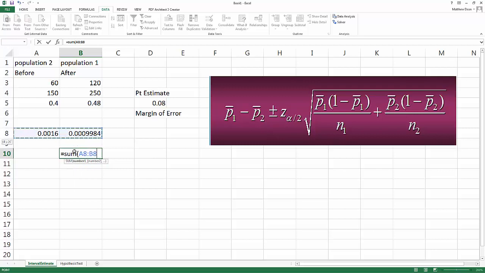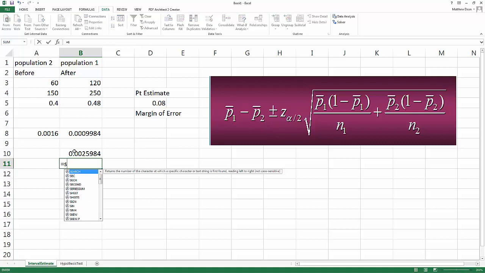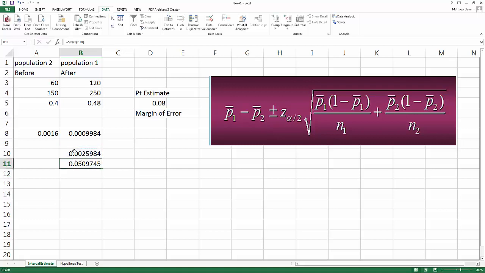You could just do addition if you want, but because they're contiguous, I'm going to do that. And then we need to take the square root of it. I'm doing this in steps, just so it's clear. All right, so I get 0.0509745, which is the standard error.